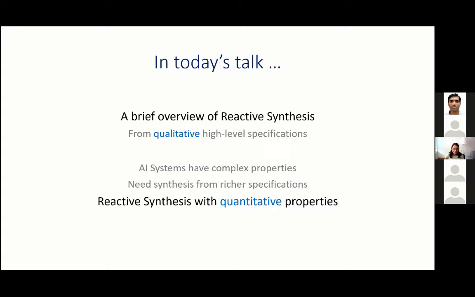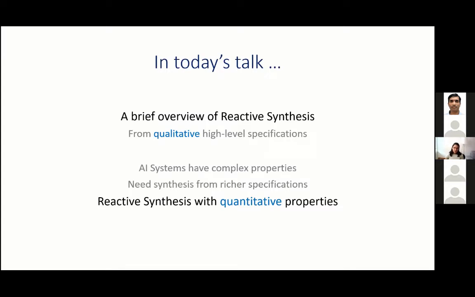All right. Thank you for the clarification question. So I will start with an overview of reactive synthesis. Most existing work on reactive synthesis has actually looked at specifications which are qualitative by nature. But as AI systems become more complex, there is a requirement to be able to specify much more nuanced, much richer specifications.